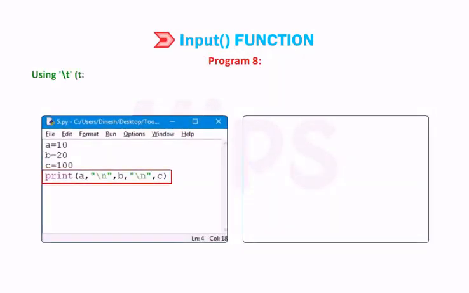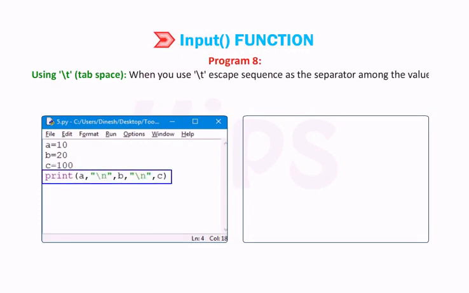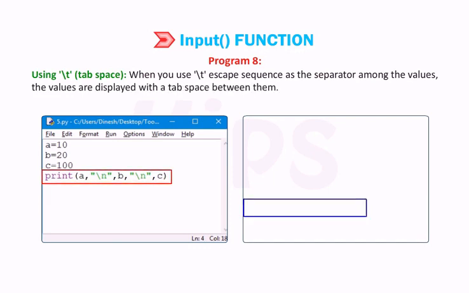Using \t tab space: when you use the \t escape sequence as the separator among the values, the values are displayed with a tab space between them.